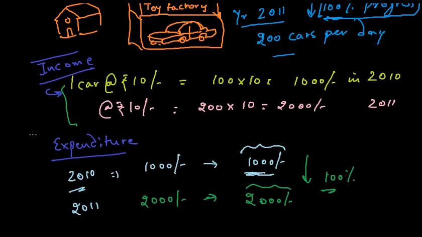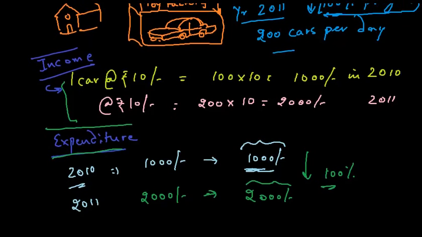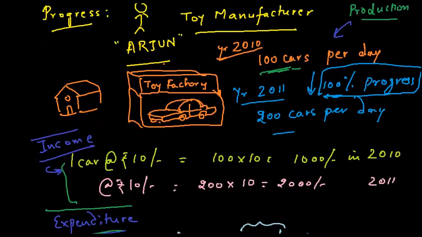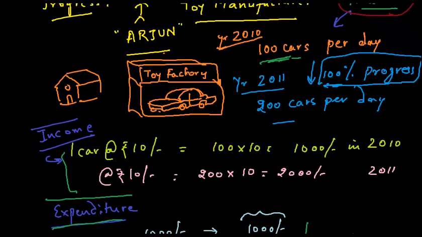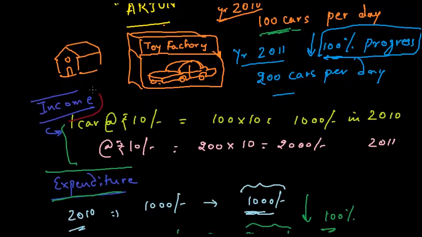So we see that there are three methods by which Arjun can check the progress he is making. Either he is calculating the production, that is how much produce or yield he is making. The other could be how much income he is generating, or the third could be how much expenditure, how much spending he has in that particular day, month, or year.